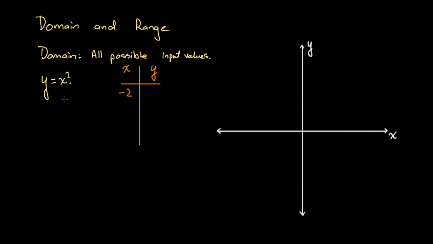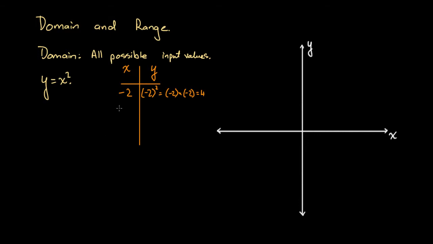Do we get some y value? Well, at x equals -2, y equals -2 squared. That's the same as saying -2 times -2, which is the same as 4. So we get some valid value for y when we input x equals -2 into this equation. Consequently, x equals -2 is part of the domain because it is one possible input value.